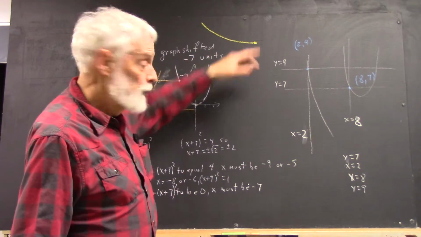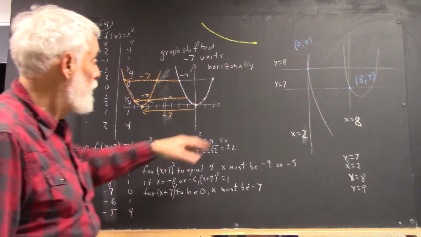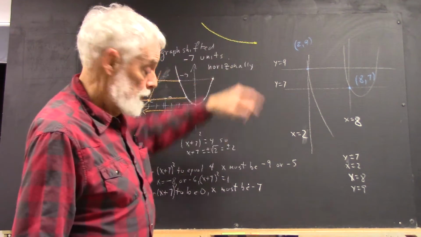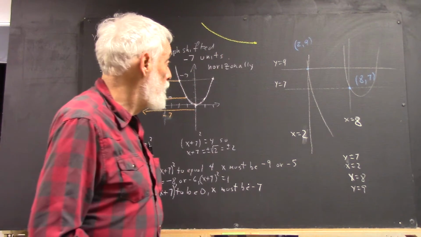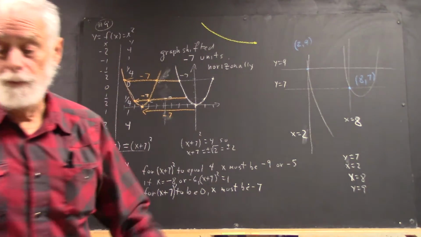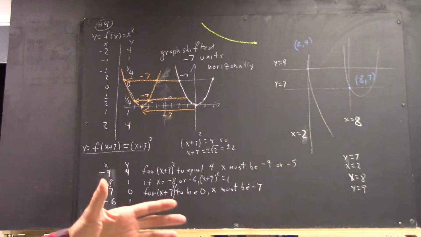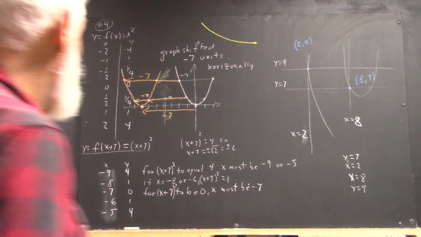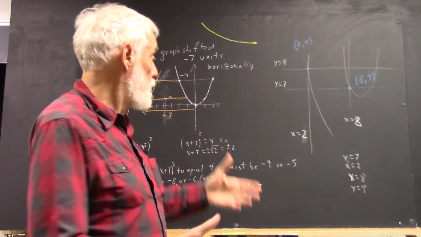So if we can flatten this graph and then shift it over and up, we can match the graph of our flow function. That's a big deal, the ability to manipulate graphs and construct graphs from the basic functions, and that's what we're leading toward.